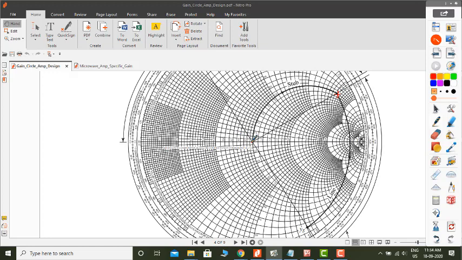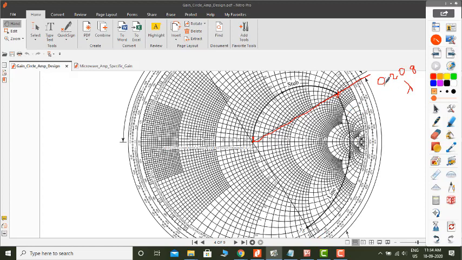That line will be intersecting the outer scale, the wavelength towards generator scale, at about 0.208 lambda.